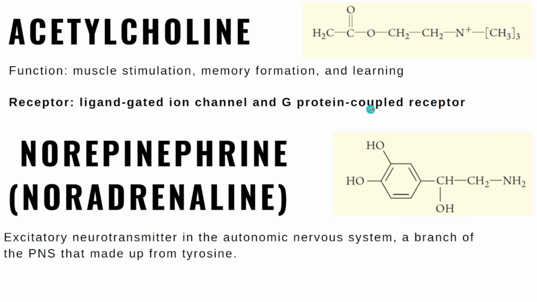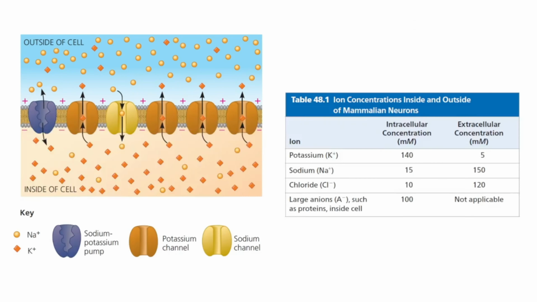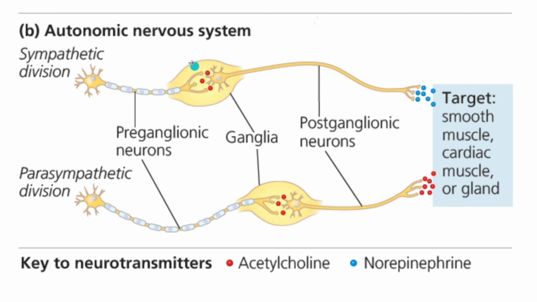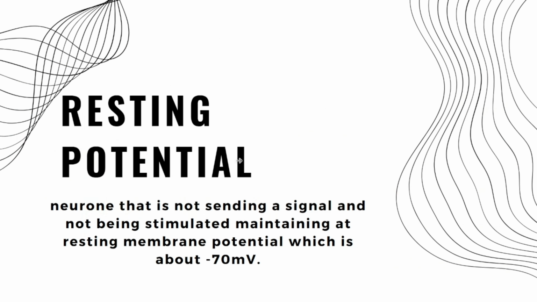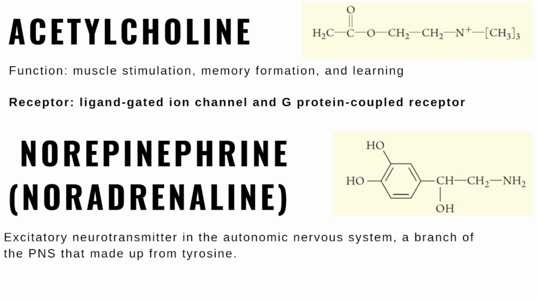The G-protein coupled receptor is normally located in the central nervous system. This part we call the G-protein coupled receptor, and the other name is ligand-gated ion channel. That one is the neuromuscular junction. So what is the neuromuscular junction? Later we will learn about that.